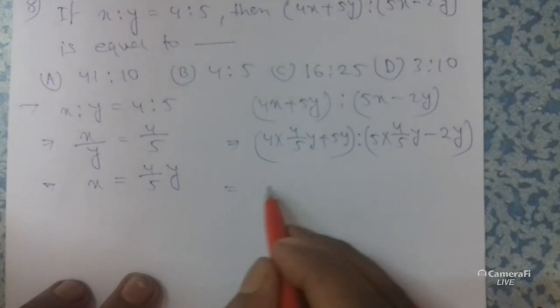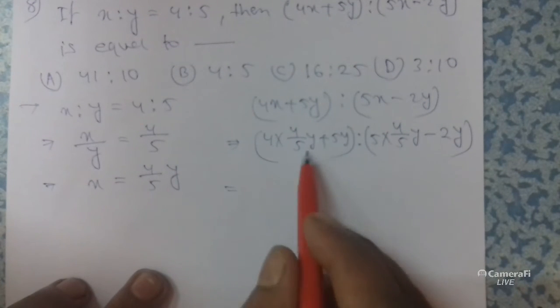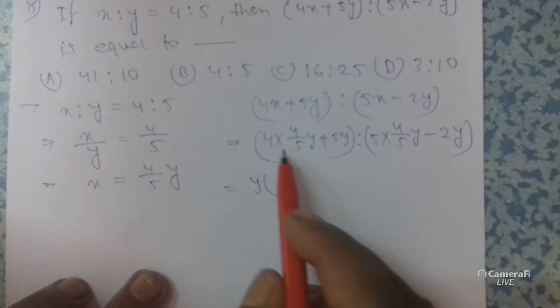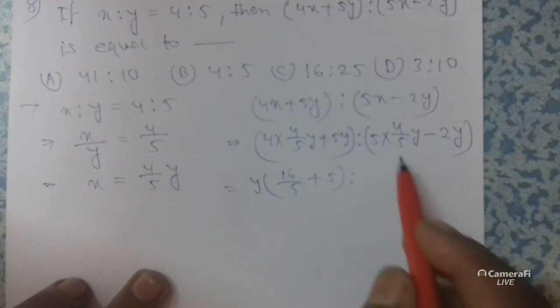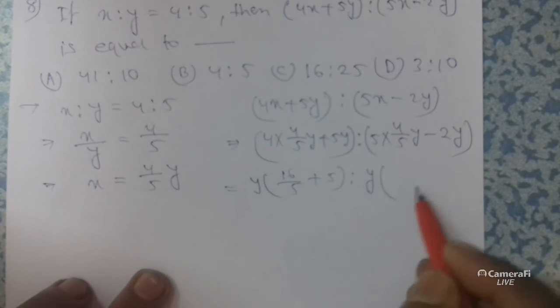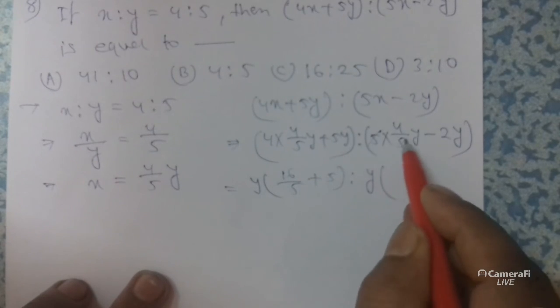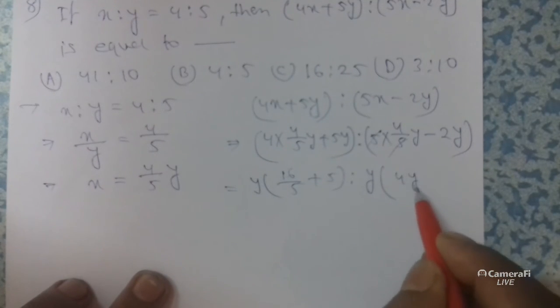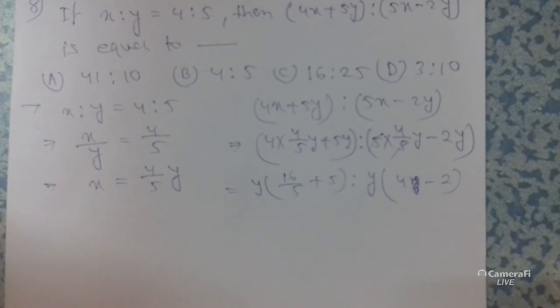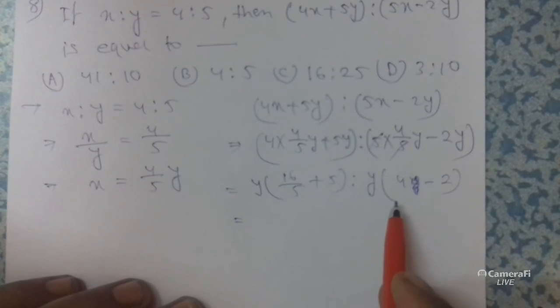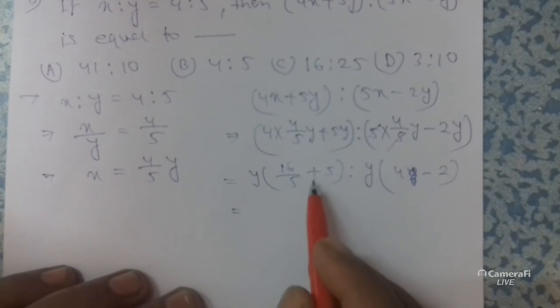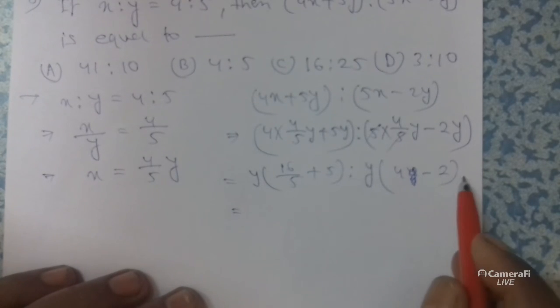Now calculate it. If we take y as common, 4 into 4 is 16, so 16 by 5 plus 5, and here also we take y as common, 5 will cut, so 4 minus 2. Now if we divide both sides by y, it will be 16 by 5 plus 5 is to 4 minus 2.